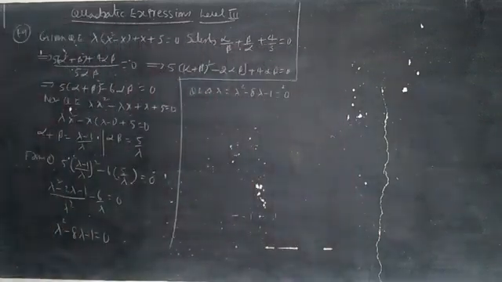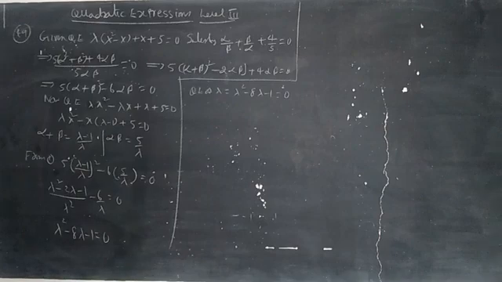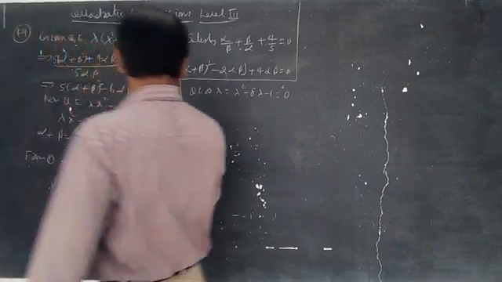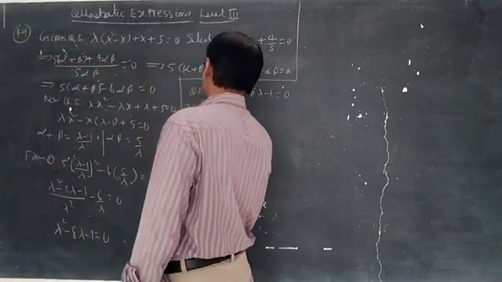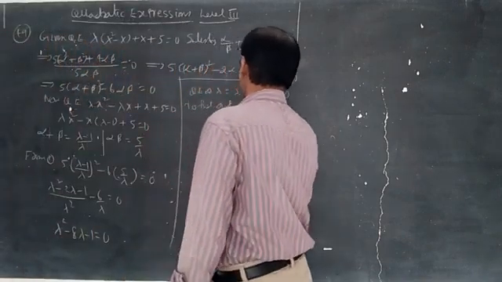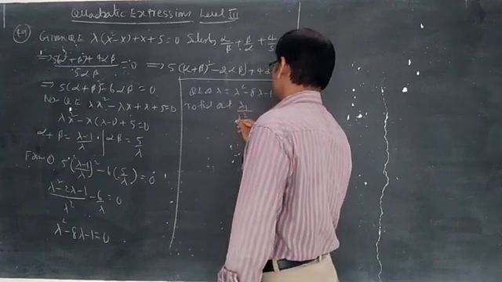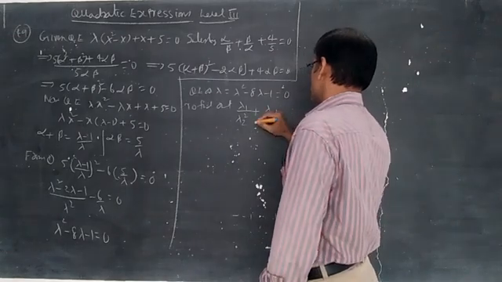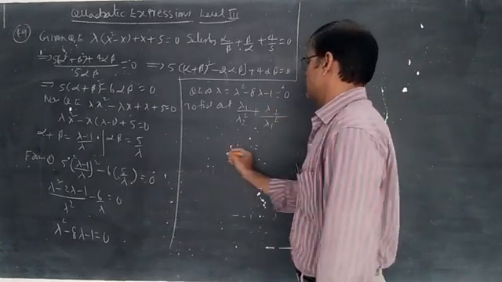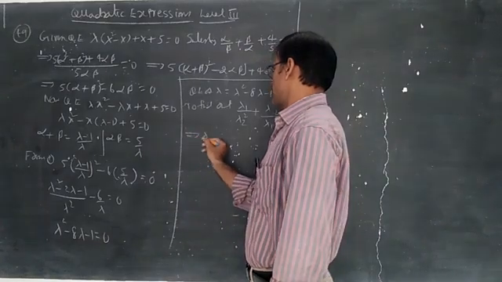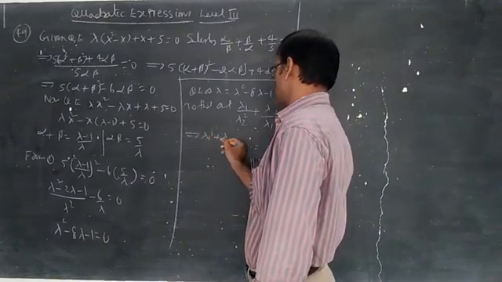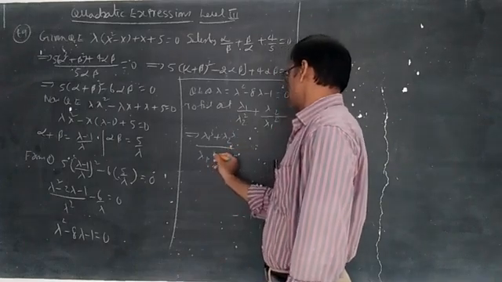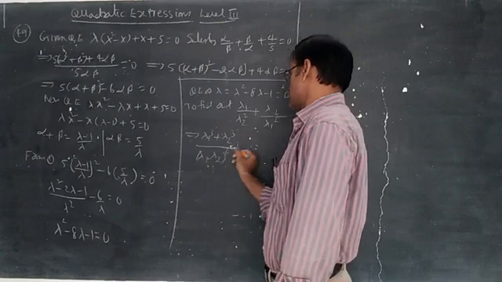Now see the question. Now you should calculate lambda 1 by lambda 2 whole square plus lambda 2 by lambda 1 whole square. To find out lambda 1 by lambda 2 whole square plus lambda 2 by lambda 1 whole square, that implies lambda 1 cube plus lambda 2 cube whole by lambda 1 lambda 2 whole square.